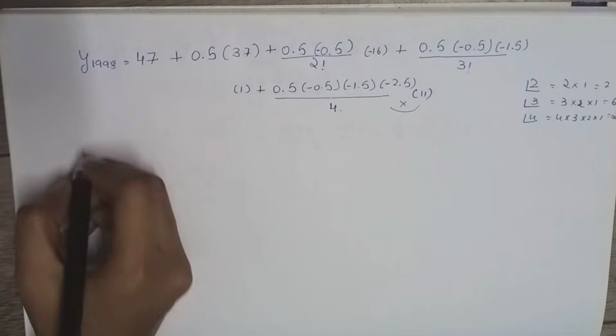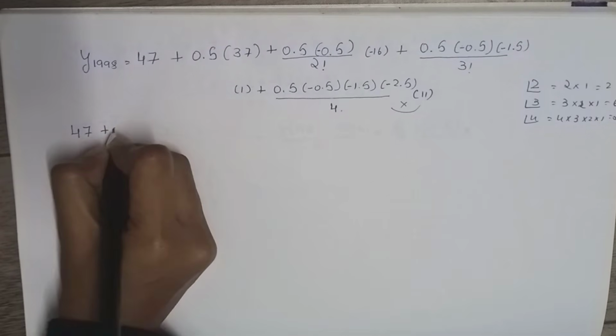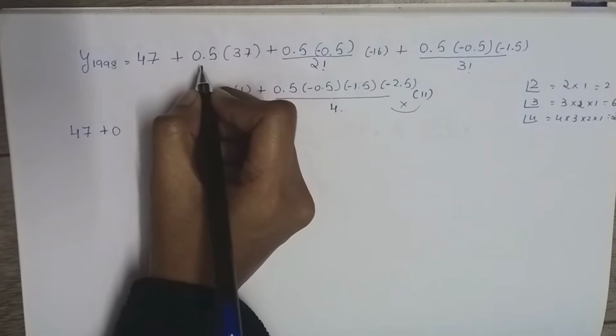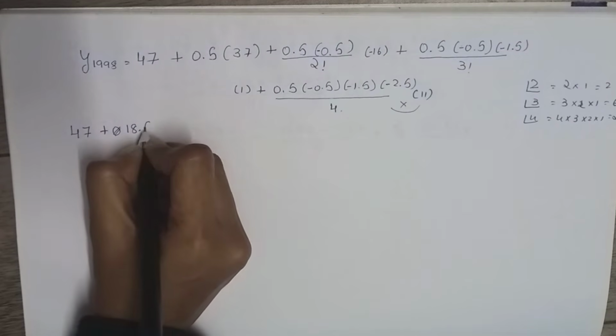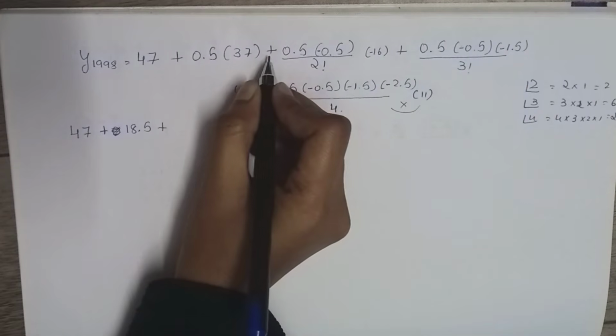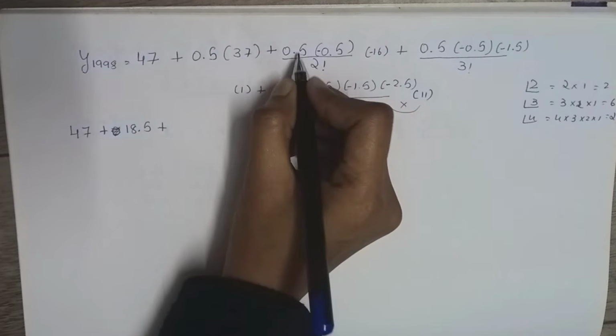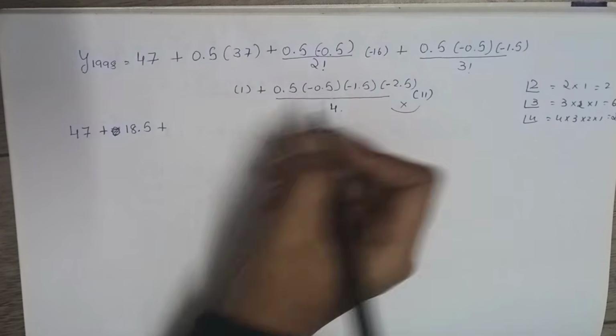Now let's solve the sum, which is 47 as it is plus 0.5 into 37, which is 18.5. Then plus 0.5 multiplied with minus 0.5 divided by 2 factorial, which is 2.